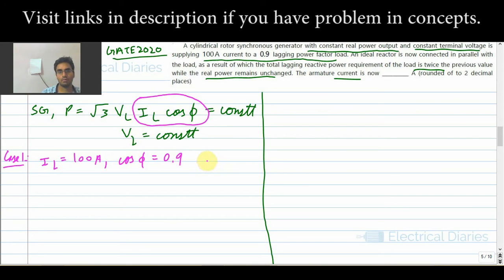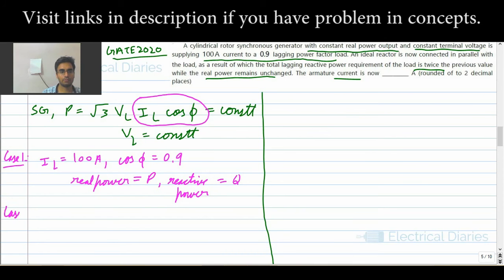Now he is saying that an ideal reactor is connected and the Q is doubled, but real power is unchanged. So let me say for case 1 the real power is P and the reactive power is Q. This was case 1.